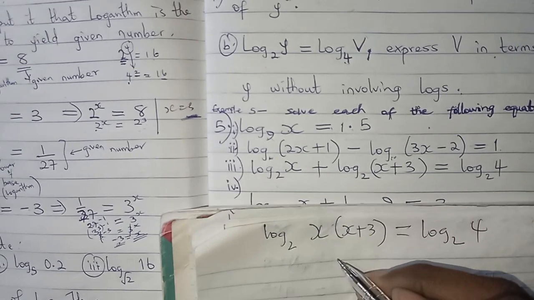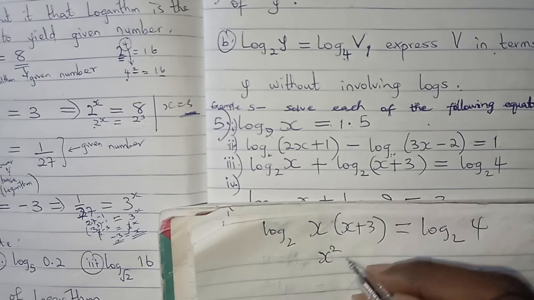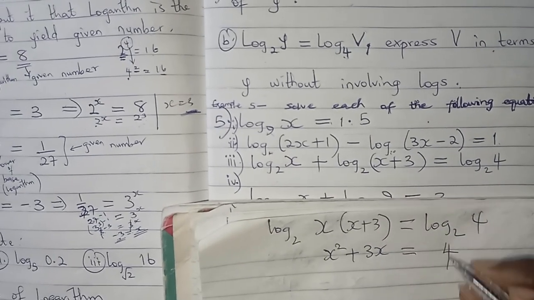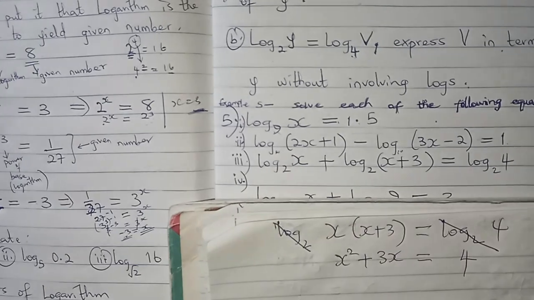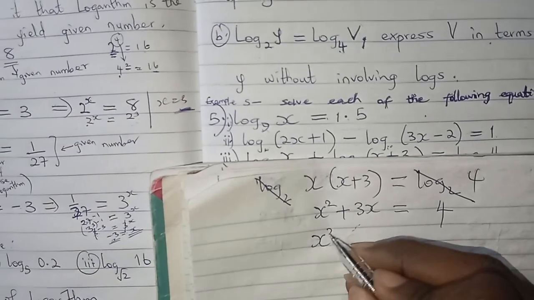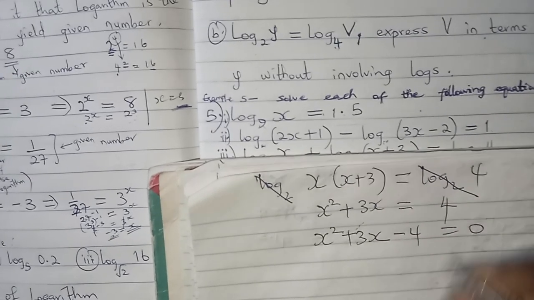Notice that this is going to be x squared plus 3x equals 4. This cancels this. So I have x squared plus 3x minus 4 equals 0.